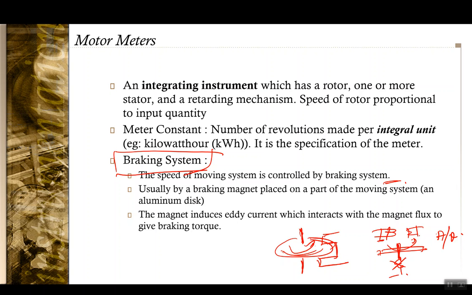So when this disk rotates, it interacts with this permanent magnet, inducing eddy currents, and that gives a braking torque. So if this is rotating in one direction, there is a braking torque, and when this rotating torque and the braking torque balance out, the speed stabilizes, and this speed is directly proportional to the power that is being consumed instantaneously.